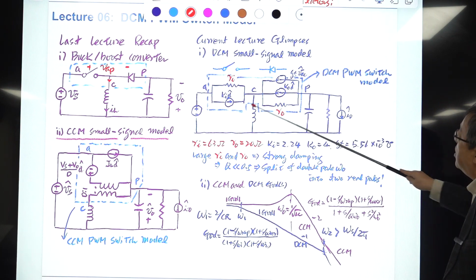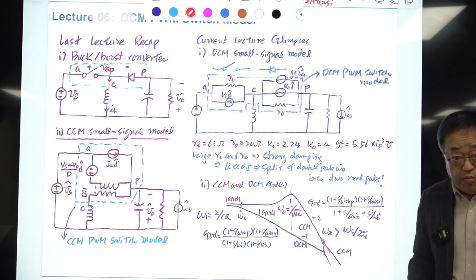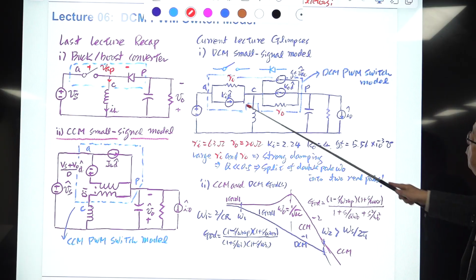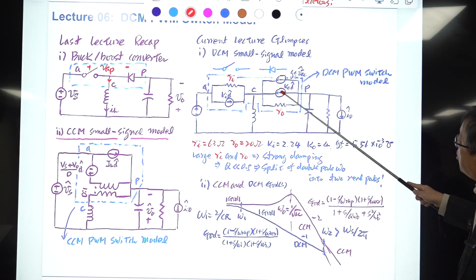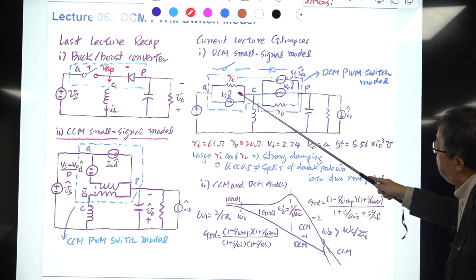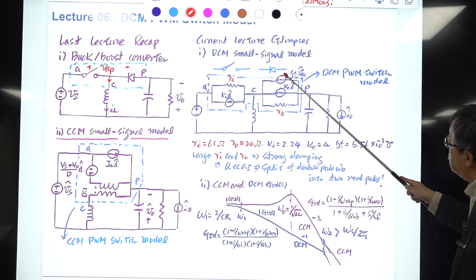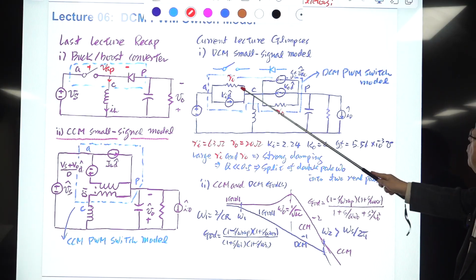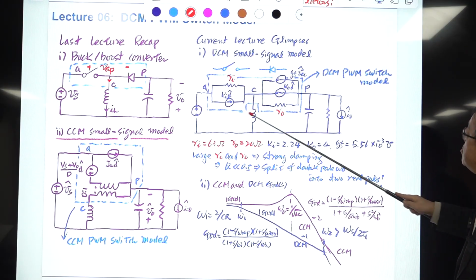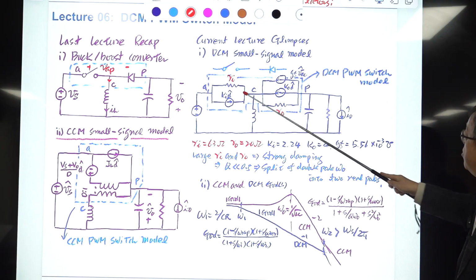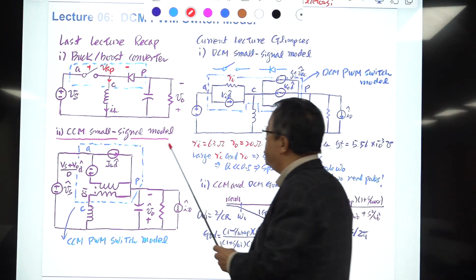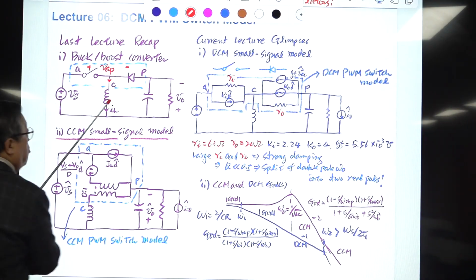It's a little complicated, and there's no transformer compared to the CCM counterpart. And we have 5 parameters. This is a dependent current source, another dependent current source, another dependent current source. And we have 2 resistors here, resistive parameters, one here, another one here. So this is the DCM PWM switch model embedded in the structure of this buck boost converter.